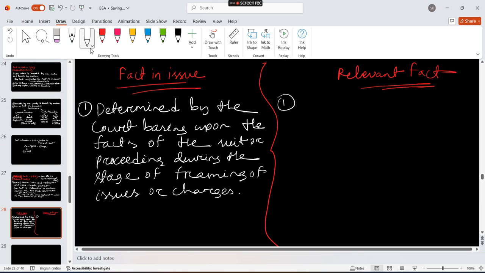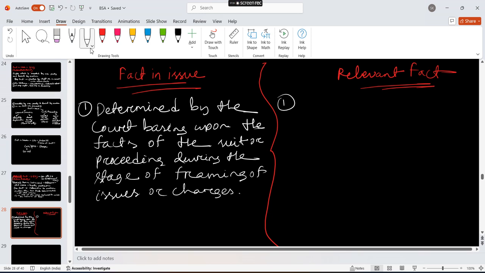So if I want to support that fact in issue, I have to say a couple of things. If I don't want to support that thing, I have to put a couple of facts.